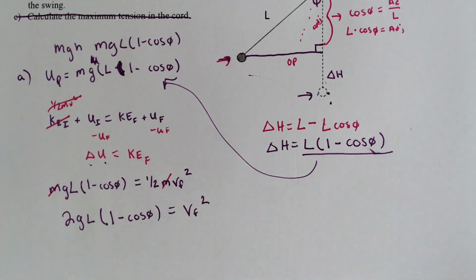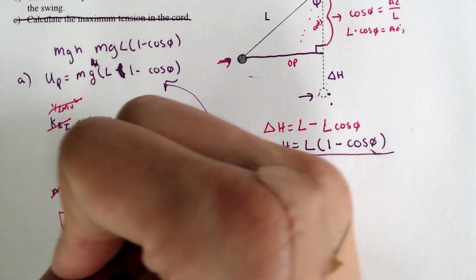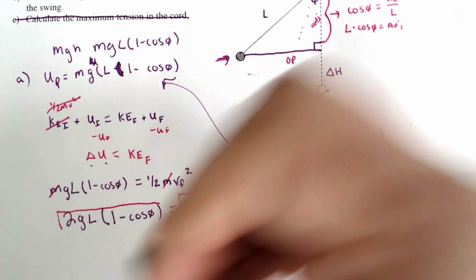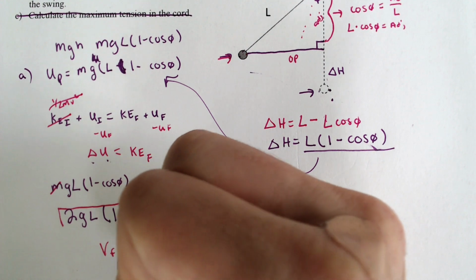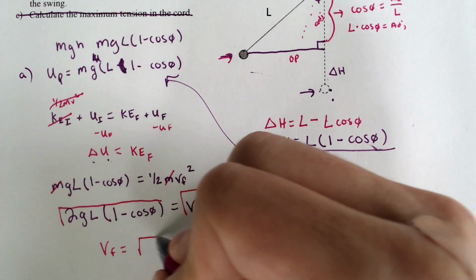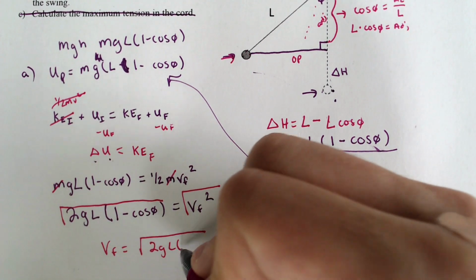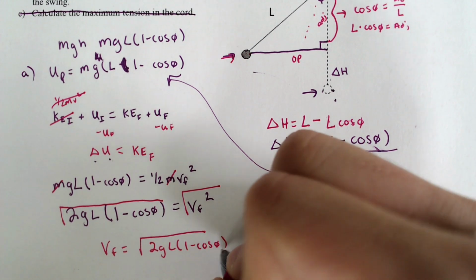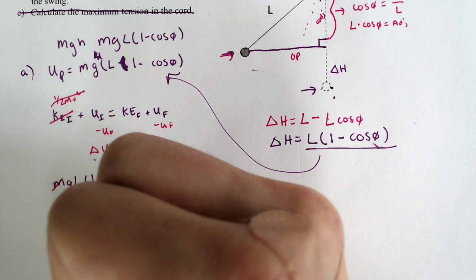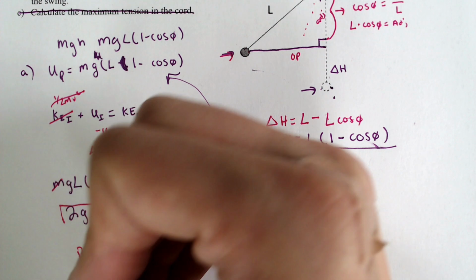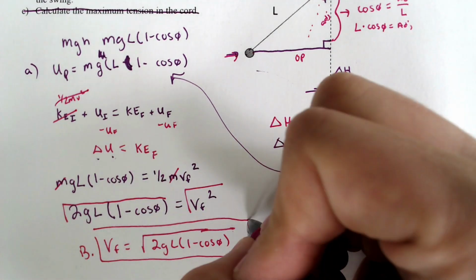If we solve for that velocity, we take the square root, and the final velocity is equal to the square root of 2gL times 1 minus cosine theta. That would be part B.